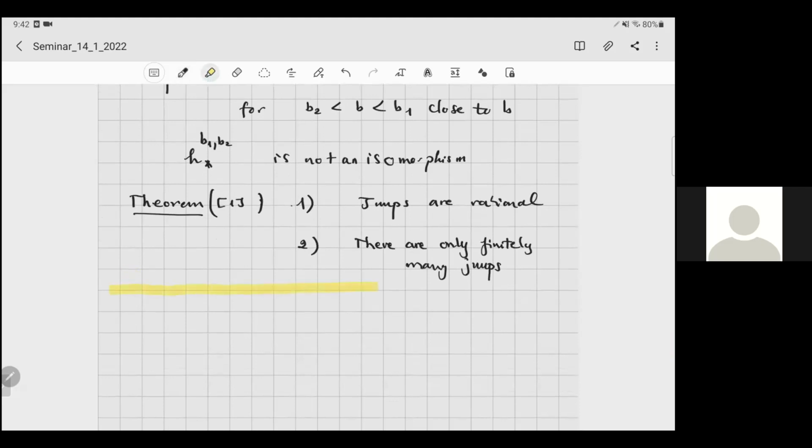Let me finish with the definition of MD homology.